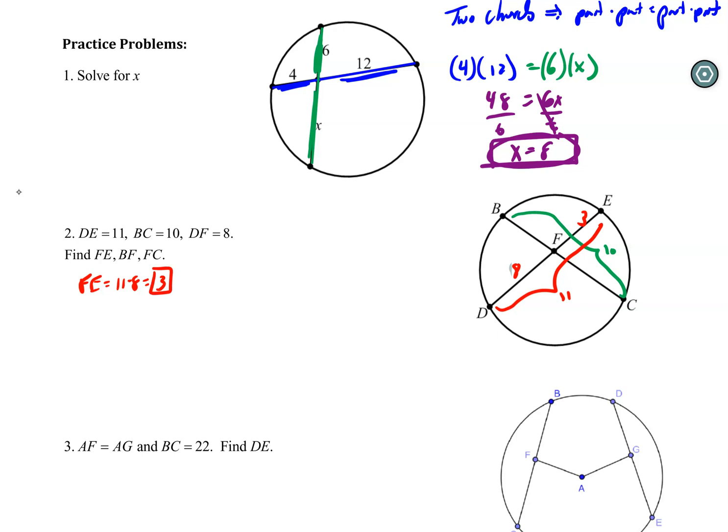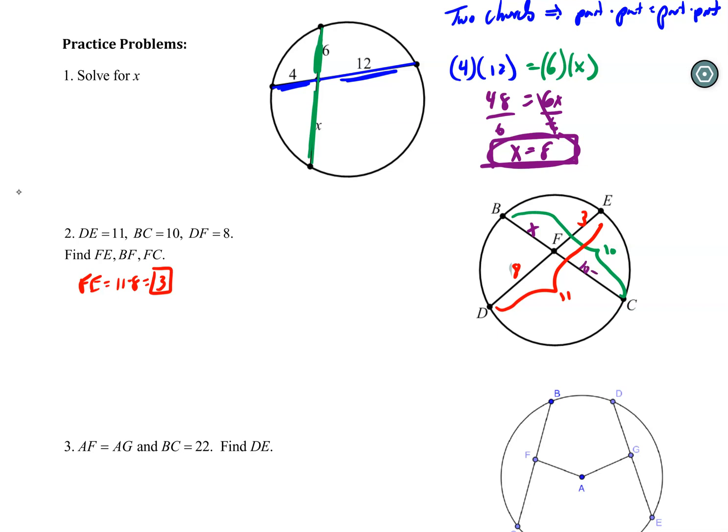Easy enough. Nothing crazy there. To find the other part, it's not as simple because I don't have one of the parts. So if we call this one X, then if BF is X, then FC would be whatever X is taken away from 10, just like we did on the other one.